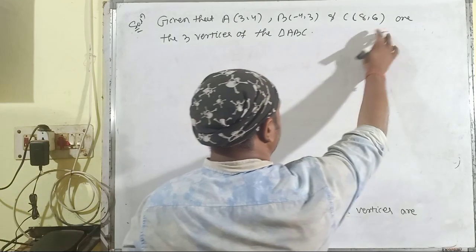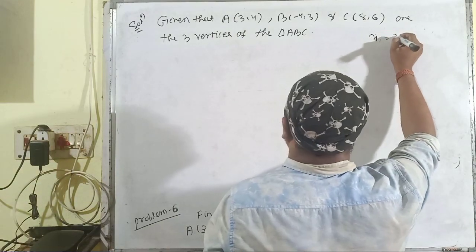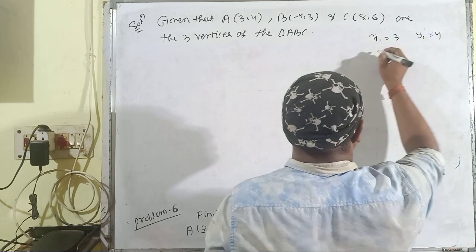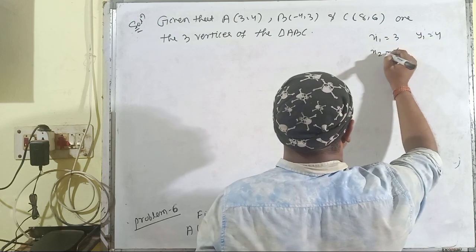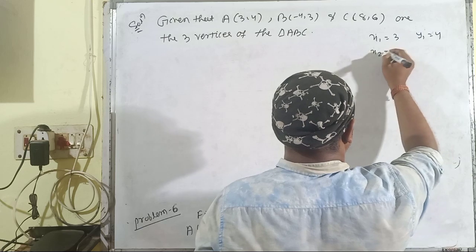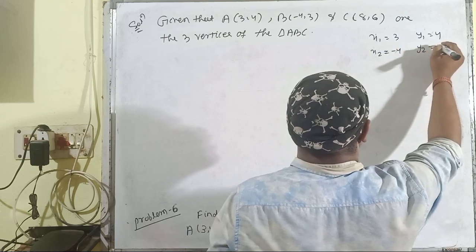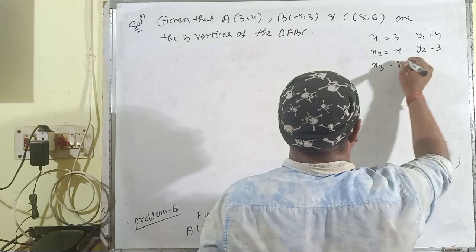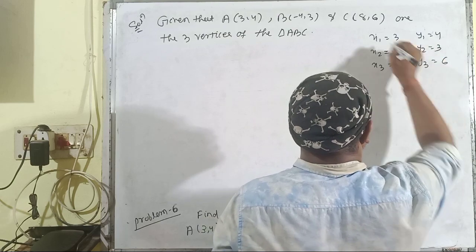First of all, let us write x1 is equal to 3, y1 is equal to 4, then x2 is equal to minus 4, y2 is equal to 3, then x3 is equal to 8, y3 is equal to 6.